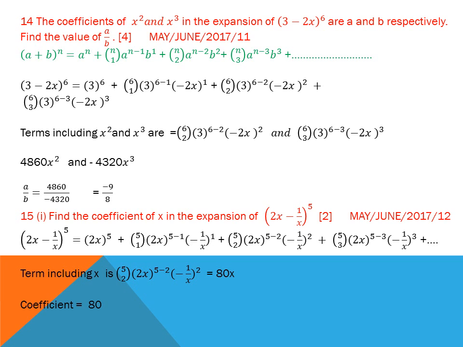I will find that in term number 3, 5C2 (2x) cube minus 1 over x square, it means x square cancelled with x cube and we only find the term x here. So x is included in term number 3. 5C2 will become 10 and 2 power 3 will become 8. So 10 multiplied by 8 will become 80x.